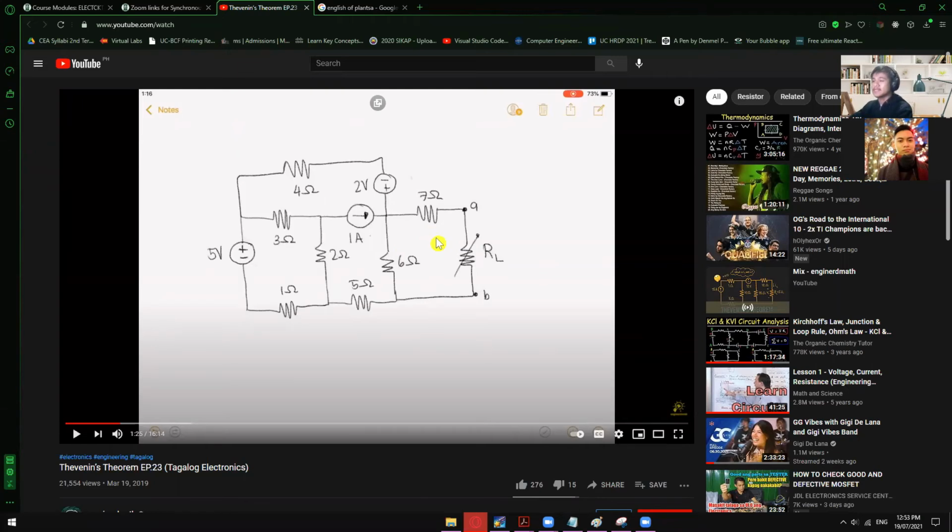So it just needs practice when simplifying things in Thevenin's or Norton's theorem. Yes, it's easy, but it needs a lot of practice to master simplifying this kind of circuit.